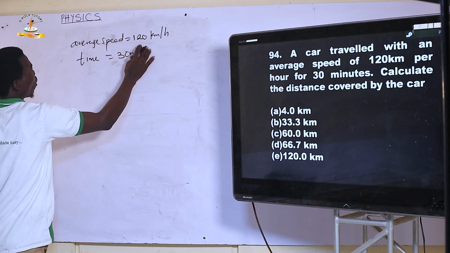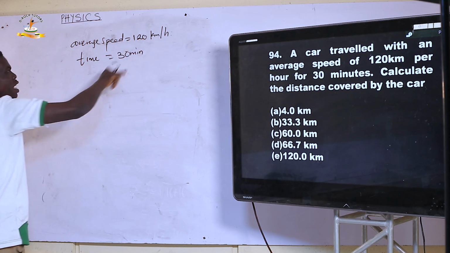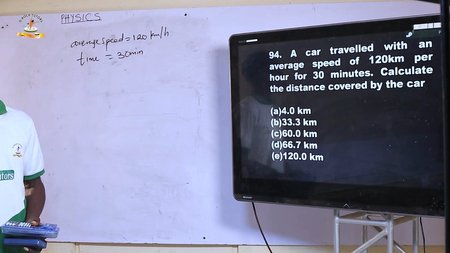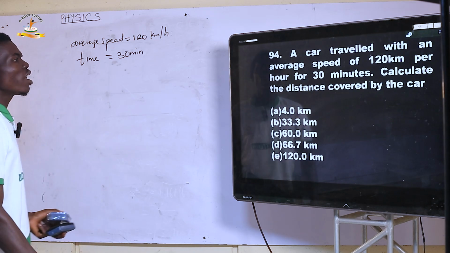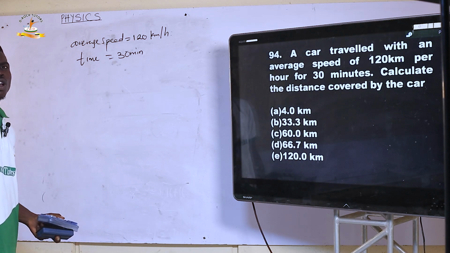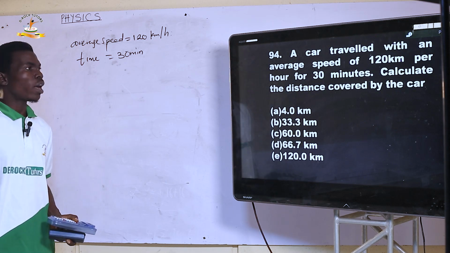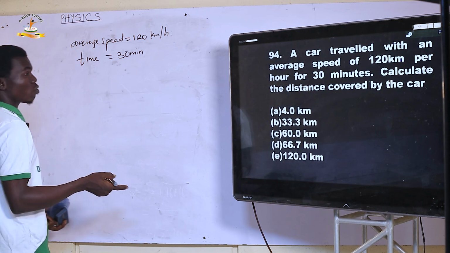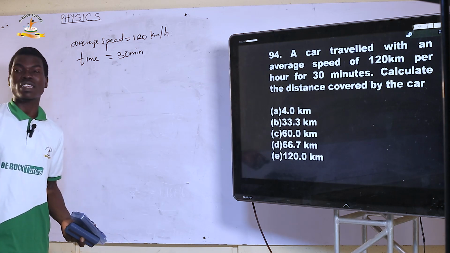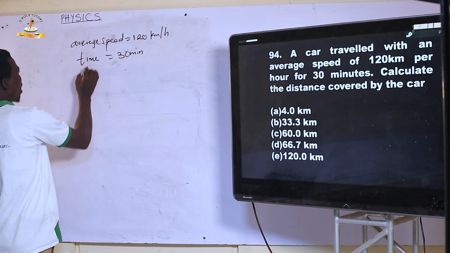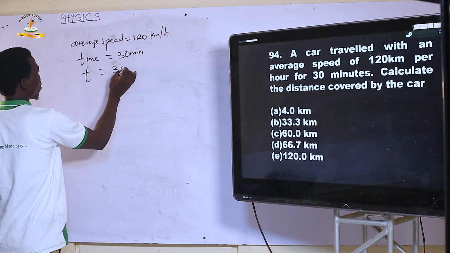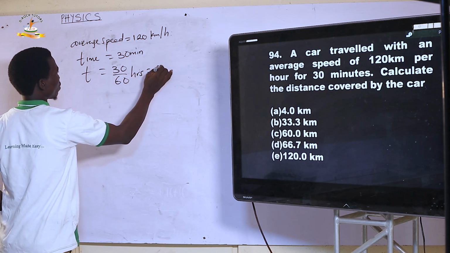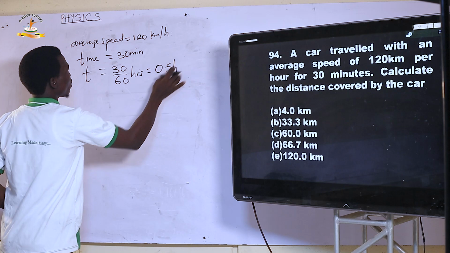Now because of the per hour, we cannot use 30 minutes with hour, so we have to change the 30 minutes to hour. We know that 1 hour is 60 minutes. So if we have 30 minutes, it means that time will be 30 over 60 hour, and this is 0.5 hour. This is what we can use.